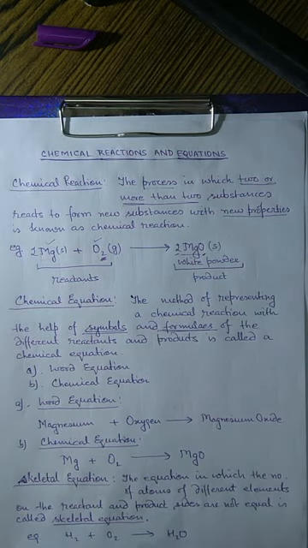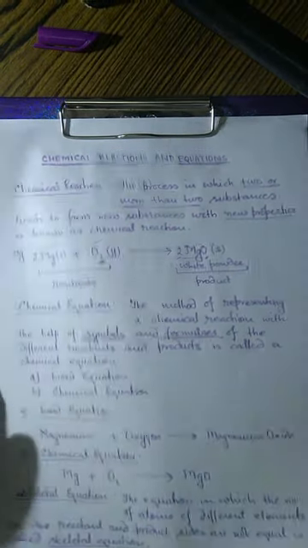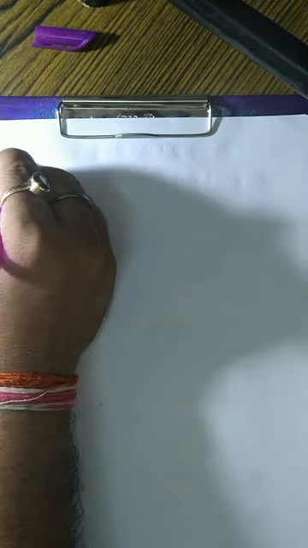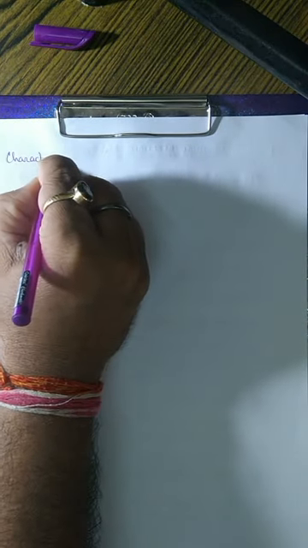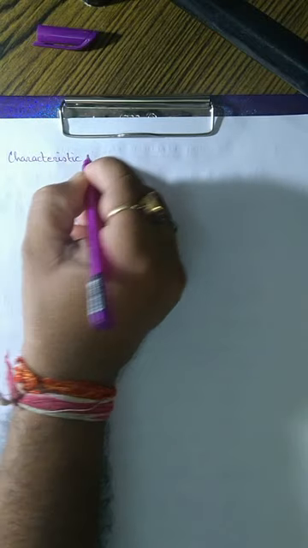After this, we move on to the characteristics of chemical reaction. Characteristics means how to know that a chemical reaction is taking place.